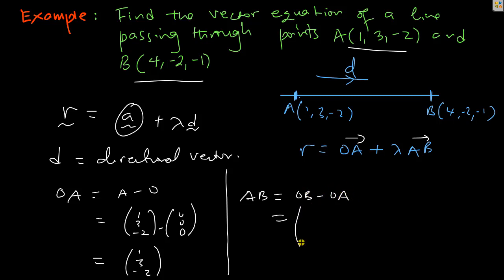Now I'll assume that we have already found the position vectors, but now these are vectors, not coordinates. 4, -2, -1, I subtract 1, 3, -2. So my direction vector is going to be 3, -5, 1.